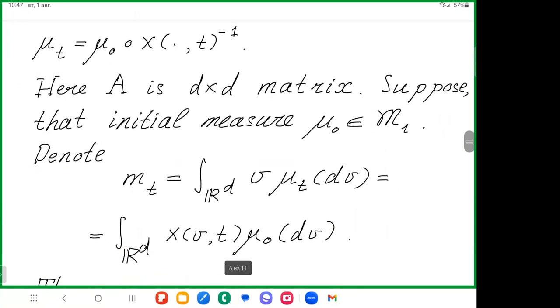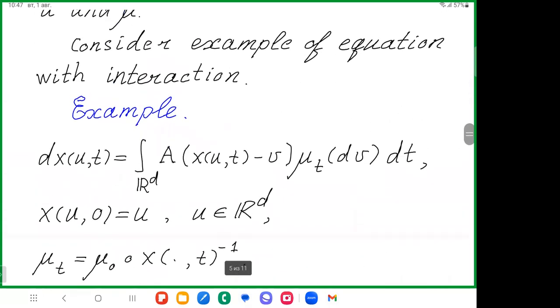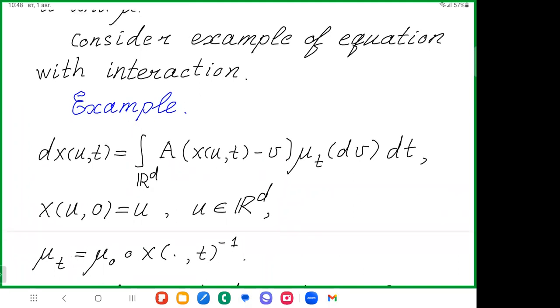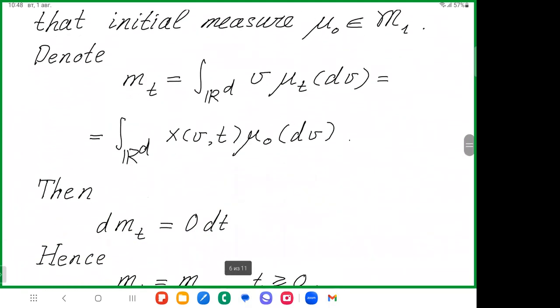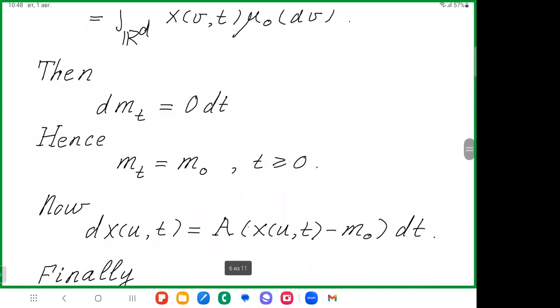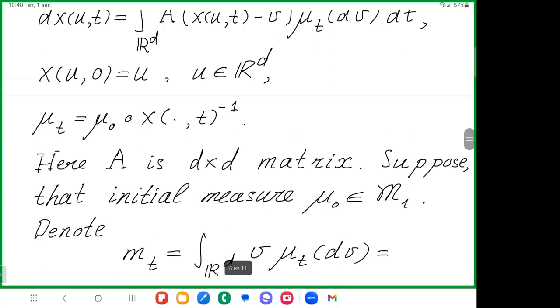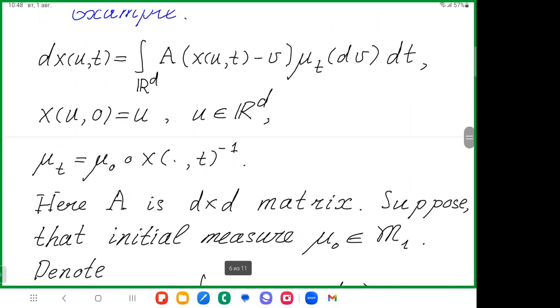So by the change of variables formula, it can be written as such an integral with respect to the initial measure mu0. Then it is trivial: by integrating the equation again with respect to mu t, one can get that the differential of m t is equal to 0. Hence, m t is equal to m0 for any t, so the center of the mass of our system remains the same.